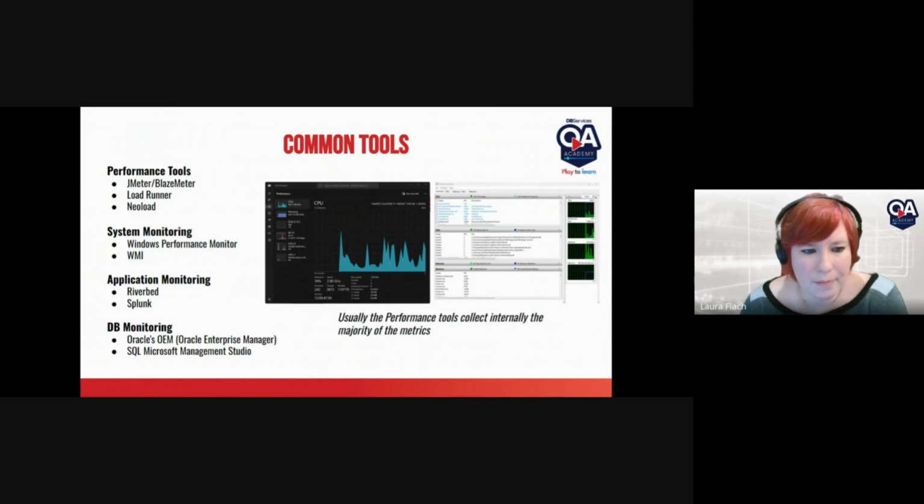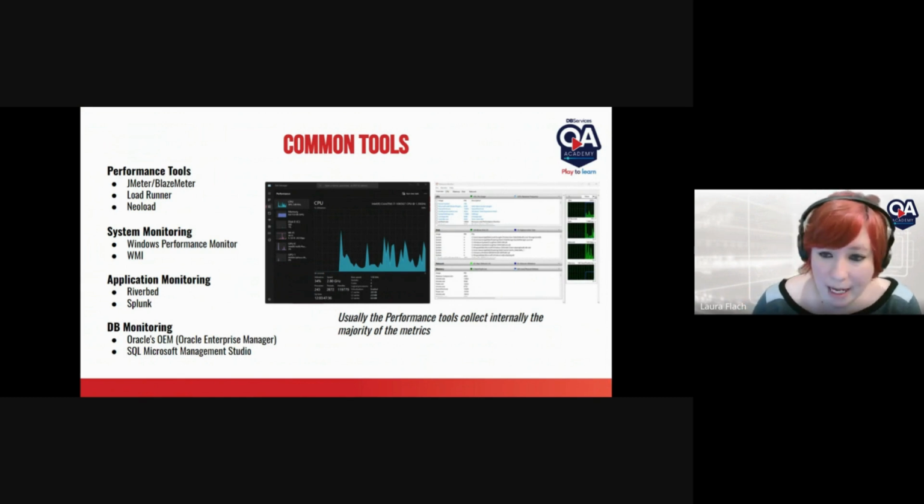For the monitoring part, if your server is Windows, we can use Windows Performance Monitor, the WMI. For the application side, we can use Riverbed and Splunk, where you can see all the metrics from the logs and also the server side, and the application side, of course.